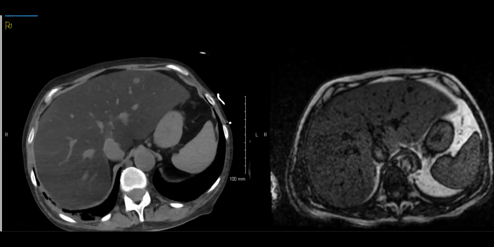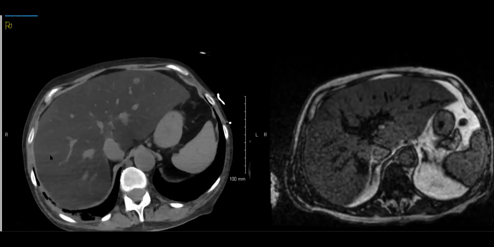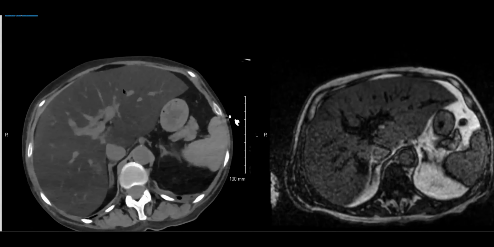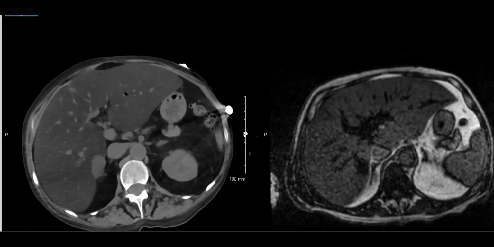Once you have more fat than water in each voxel, it blows the calculation, so the fat fraction is actually going to go down to the other side. I've never seen this degree of steatosis, and this is on non-contrast, so it's pretty darn bad.